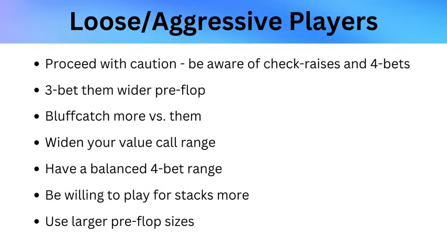So now I have, in yellow here, be willing to play for stacks more. I think loose aggressive players are going to have a 4-bet and 5-bet shoving range, and so I think you have to kind of widen up your pre-flop calling range versus them. And I don't mean hands like 9-8 suited, no, you shouldn't get that in pre-flop versus them, but maybe a hand like pocket 8s. If they're loose and crazy and spastic and are willing to get it in with pocket 6s or something, then I'd say make a light call with pocket 8s.